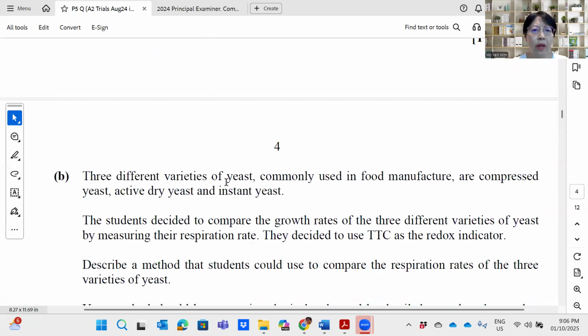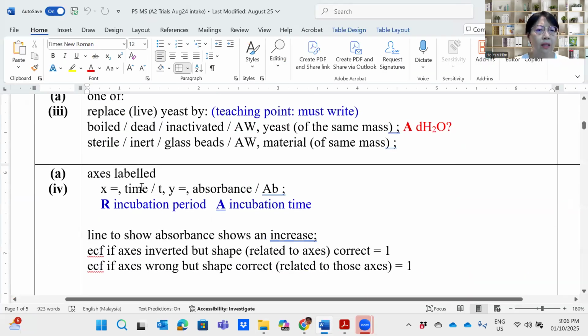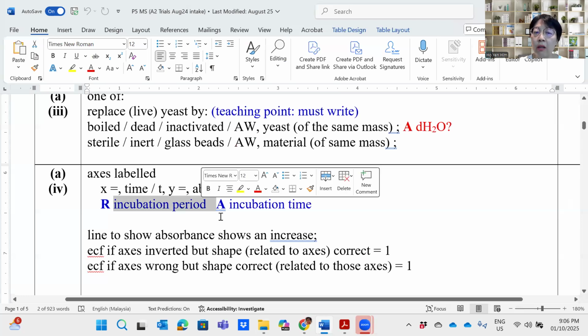Let's look at the answer for A. The x-axis is time, or you can write the short form T, and the y-axis is absorbance, short form AB. This is where some students don't get the mark, because the time is not the incubation period.